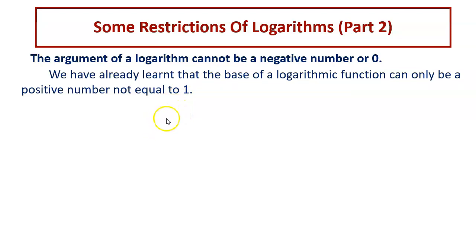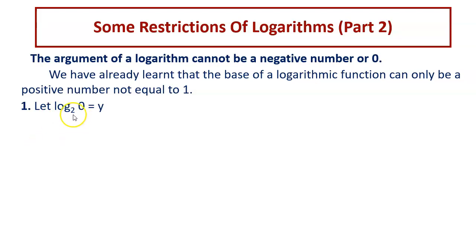Coming to the first proof, that the argument of a logarithm cannot be equal to 0. Let log 0 to the base 2 equal y. I have taken 2, you can take any other base. The base will be a positive number not equal to 1. So again we convert this logarithmic equation to an exponential equation.